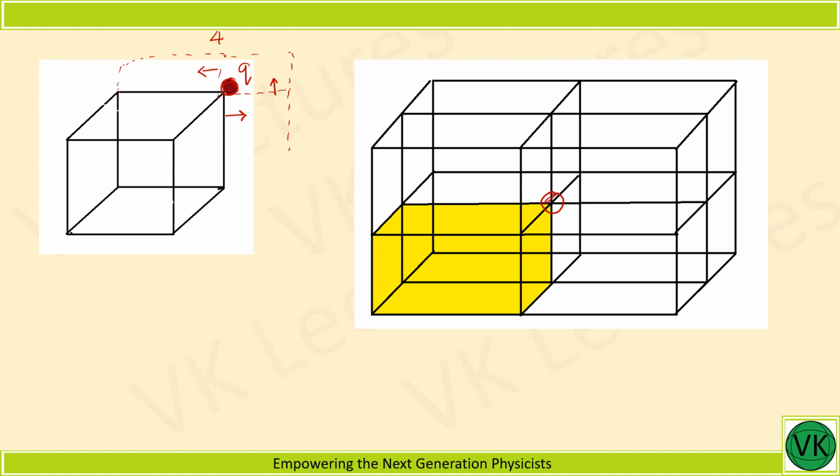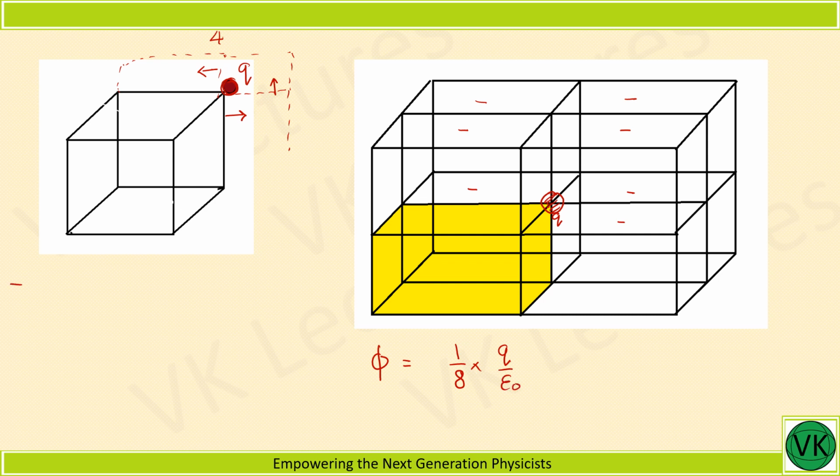So this is the charge q, and to enclose this charge q we need to construct, here you have another cube, 1 2 3 4 5 6 and 7, 7 plus 1 is 8. So a total of 8 cubes are required. So total flux will be equal to 1 by 8 times q by epsilon naught.